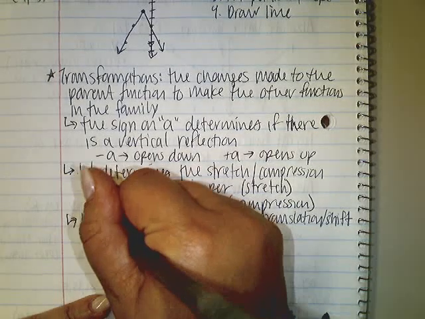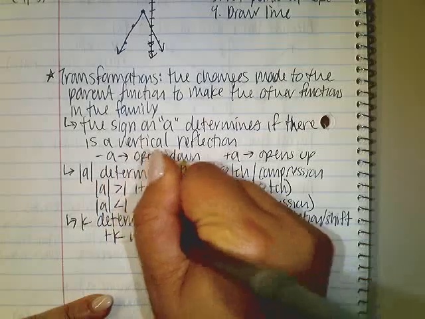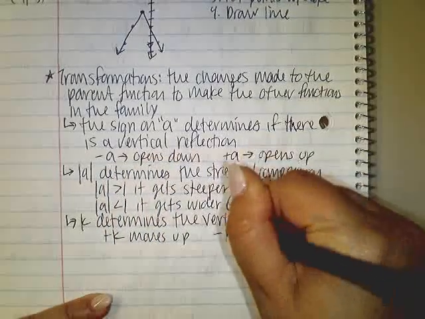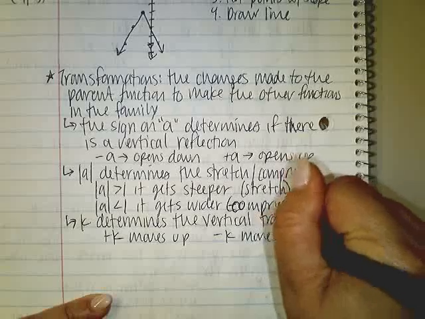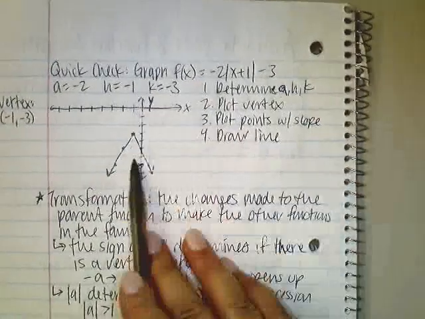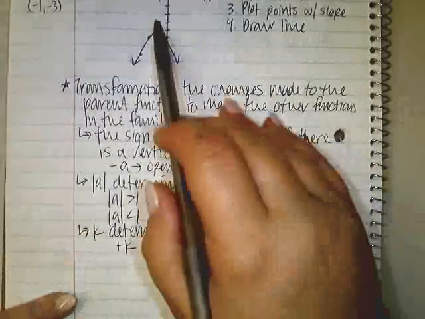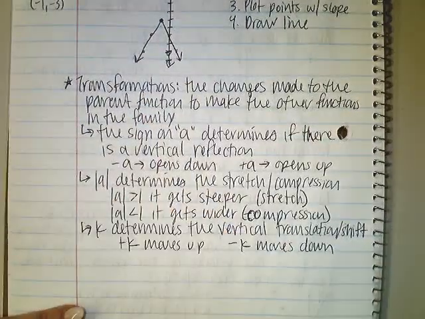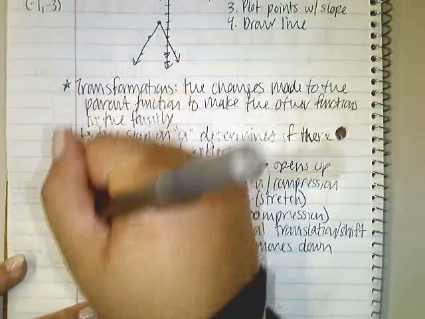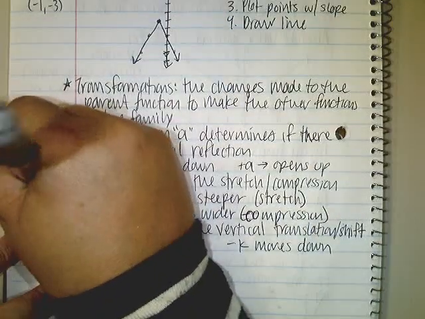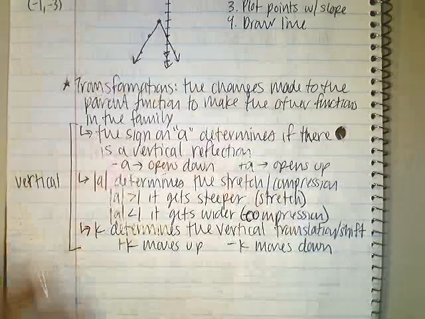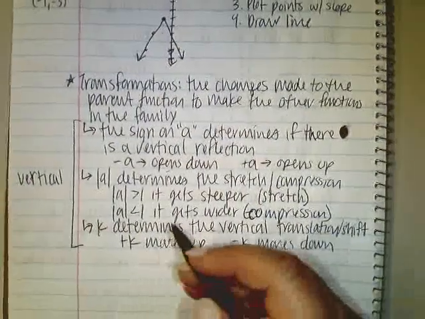So plus K moves up, minus K moves down. So that's easy. So here we moved down 3 because K was negative. If it was plus, we'd move up. And then these are all of our vertical transformations.